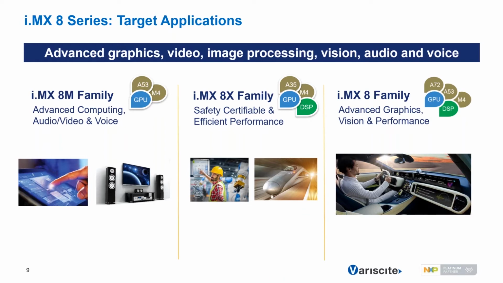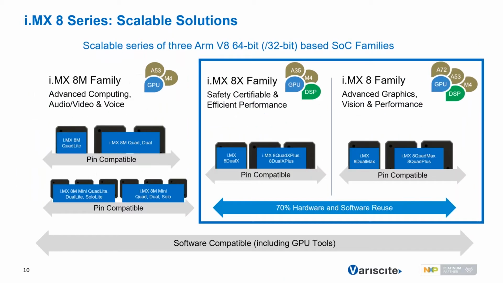This wide array of use cases, from advanced automobile clusters to streaming high-definition video and audio, has resulted in the need for vertical-specific IP to support specific use models. With this, pin-to-pin compatibility is maintained within the families, so scalable solutions can be built, as shown in the next slide. So if we can go to the next slide, over.